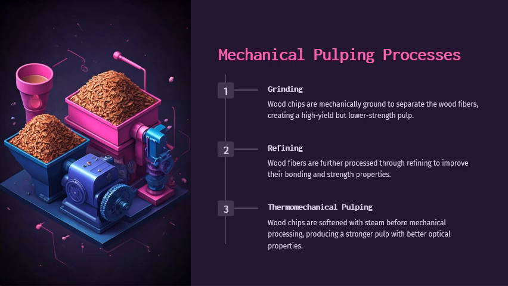Then refining: wood fibers are further processed through refining to improve their bonding and strength properties. And then the third is thermomechanical pulping. Wood chips are softened with steam before mechanical processing, producing a stronger pulp with better optical properties.